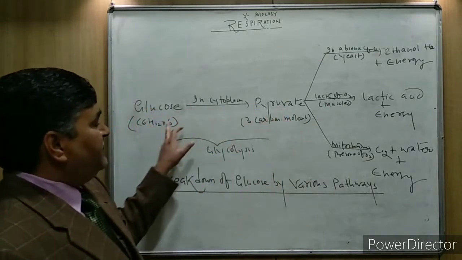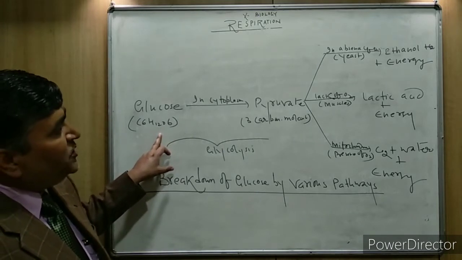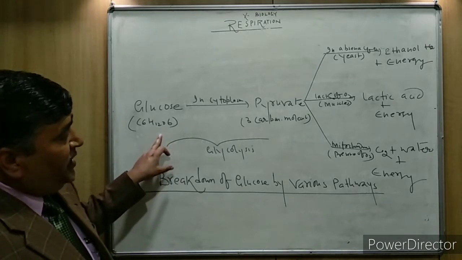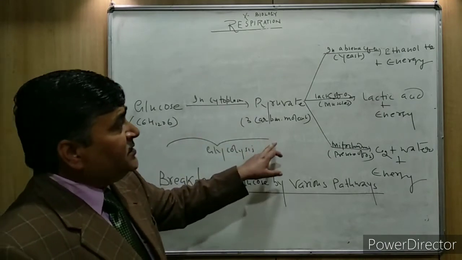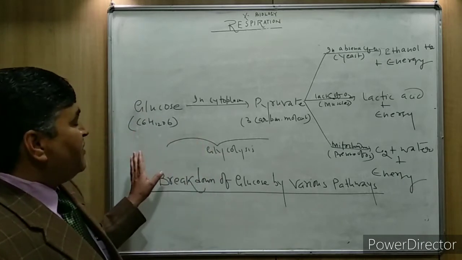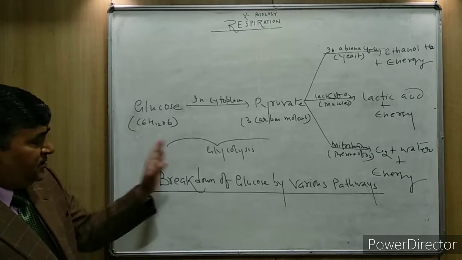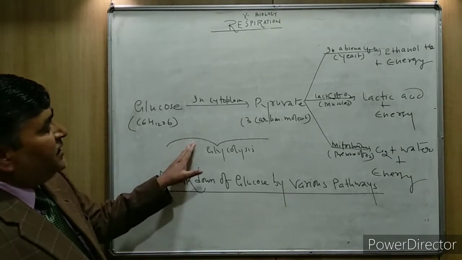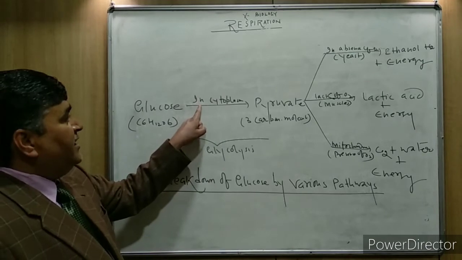And this step is common, which takes place in aerobic as well as in anaerobic conditions both. This is the common step, and it's very, very important you have to learn this step occurs in the cell cytoplasm. So I have written here in cytoplasm.